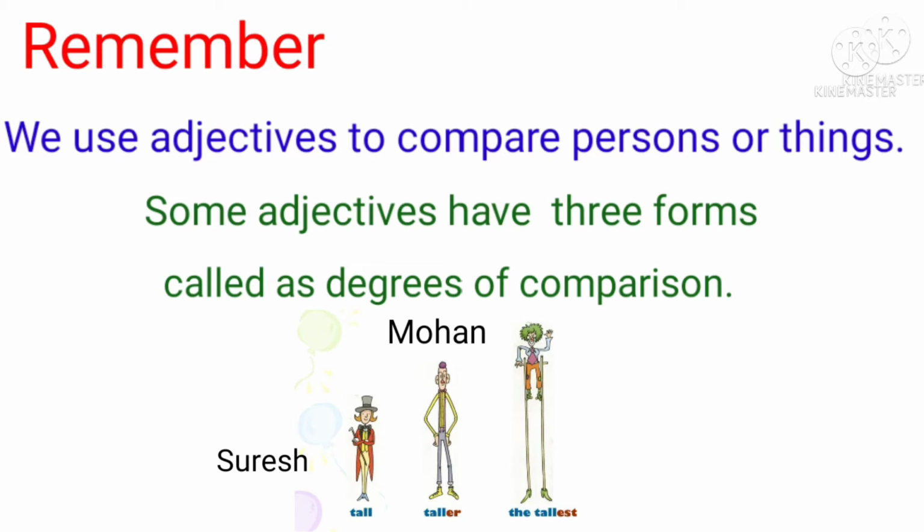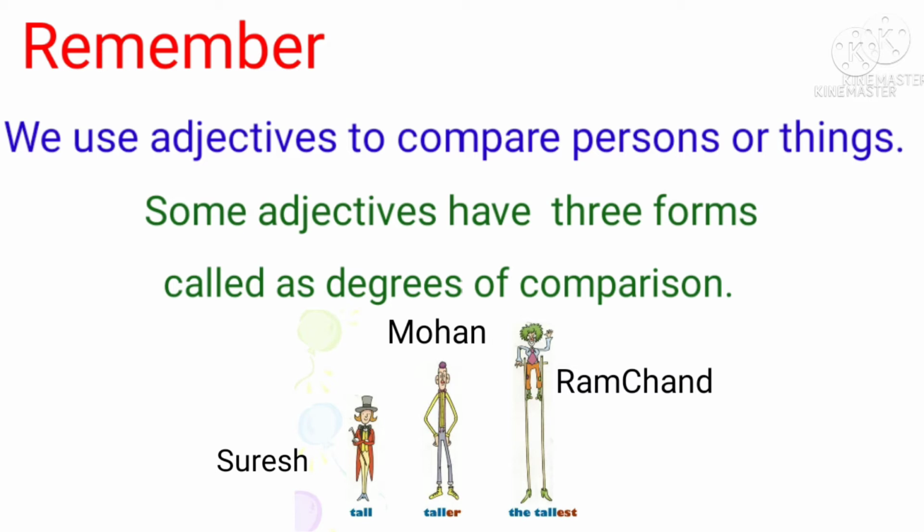Alright, and when it comes to the third sentence, what are we doing? We are comparing more than two persons, three persons in fact, and saying that Ramchand is the tallest of the three. Okay guys, so we use adjectives to compare persons or things. When we make these comparisons, the adjectives we use change in form.